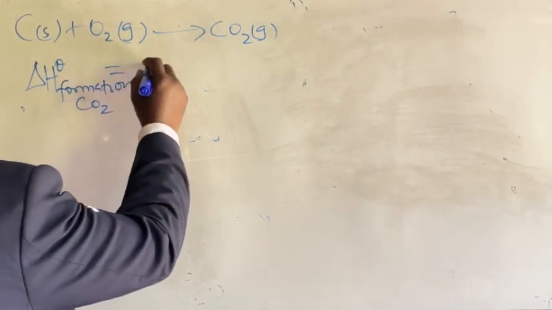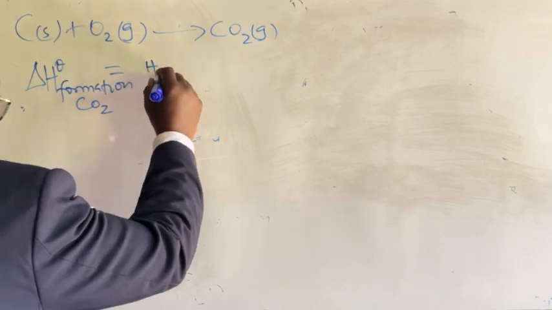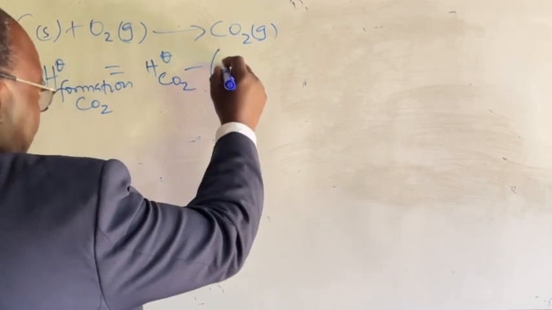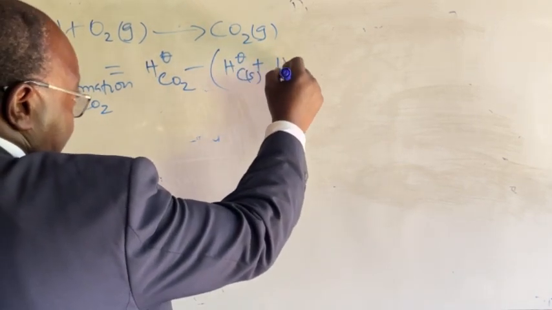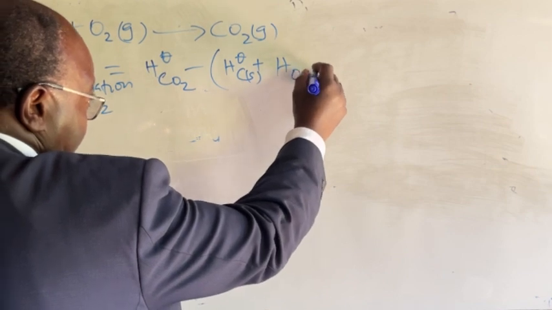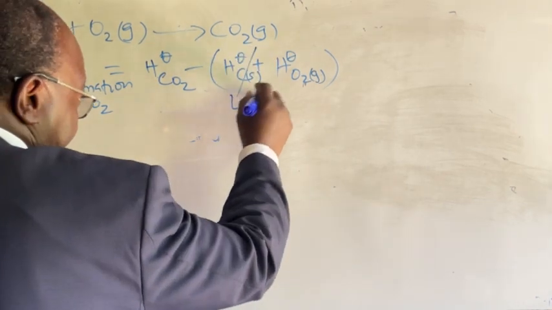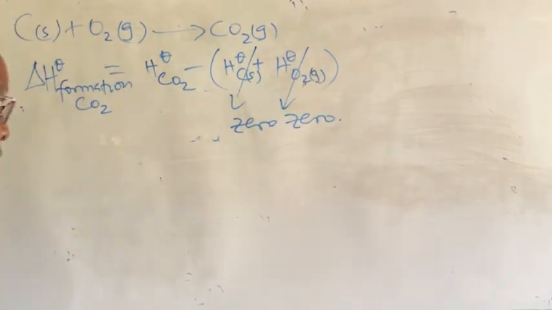So we have the enthalpy of carbon dioxide in the standard state minus the enthalpy of carbon solid plus the enthalpy of oxygen gas under STP. Note that the enthalpies of the elements are assumed to be 0.